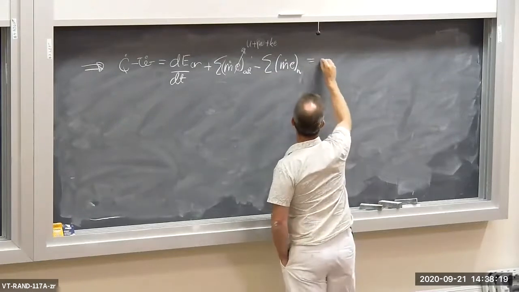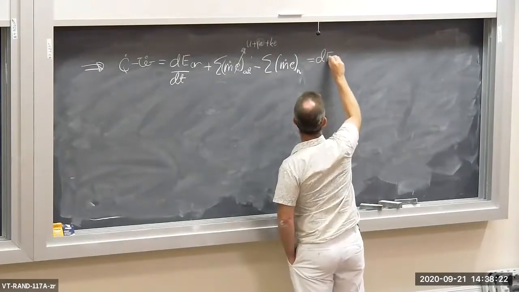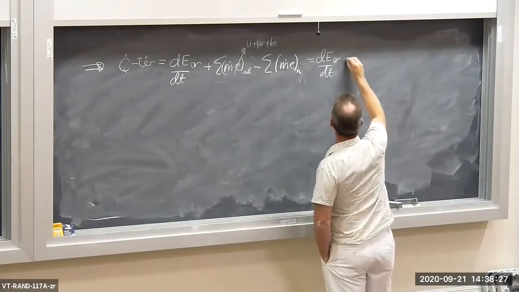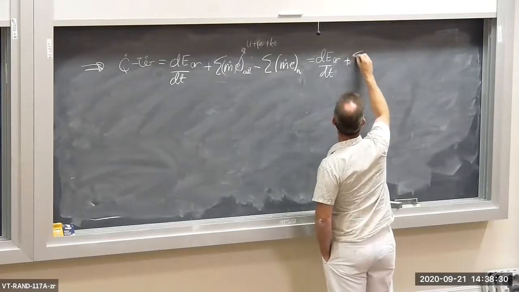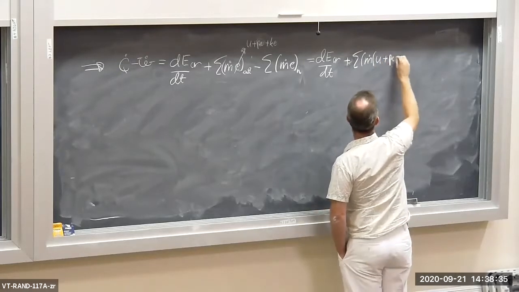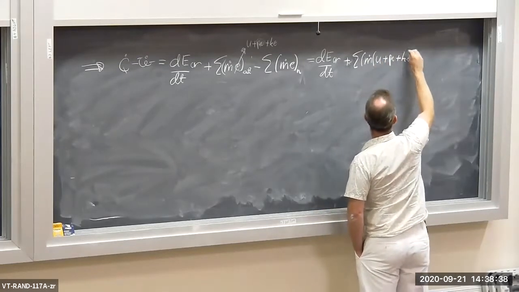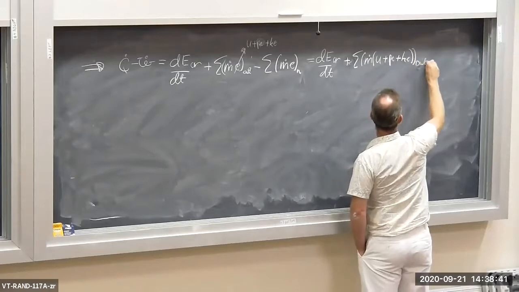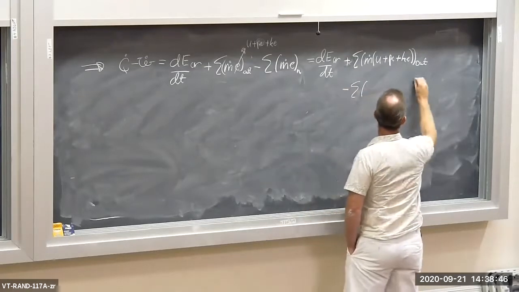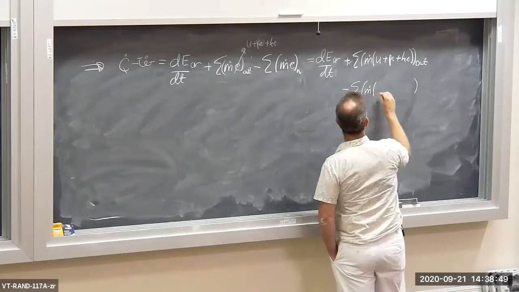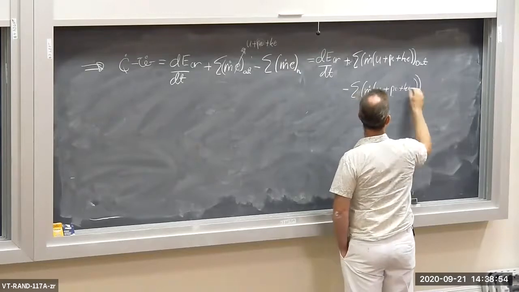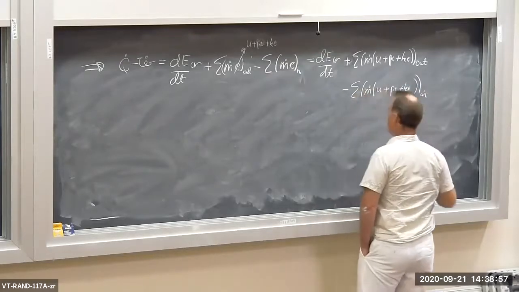As a result, I have dE, the change in energy with respect to time inside my control volume, equal to plus the sum of m dot (u plus pe plus ke) summed over all the outlets, minus the same thing summed over all the inlets. Okay?